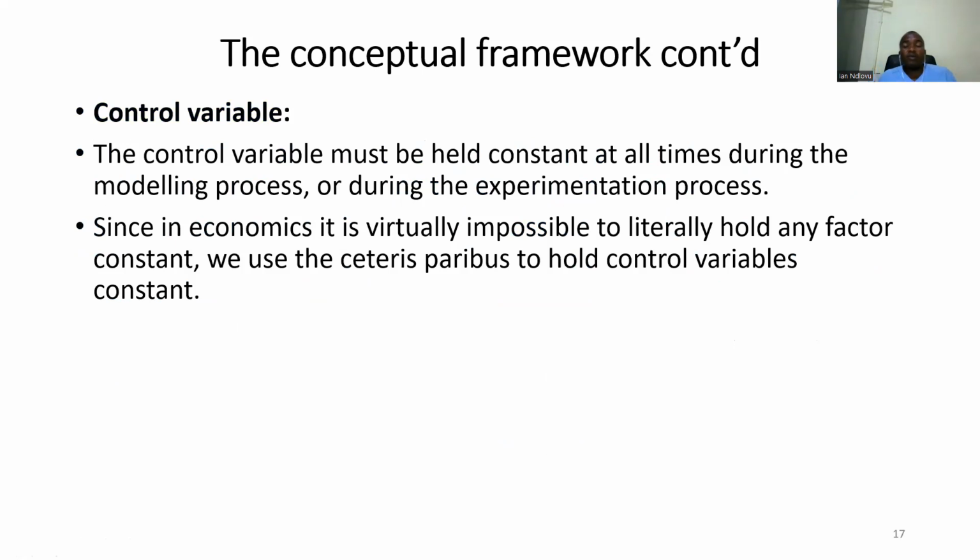We know that in economics, it's virtually impossible to hold any real world factor constant. So we use the ceteris paribus assumption in order to assume that certain factors are constant. For instance, when we look at the so-called law of demand, it postulates that when the price increases, the quantity demanded reduces. In other words, there is an inverse relationship between price and quantity demanded.